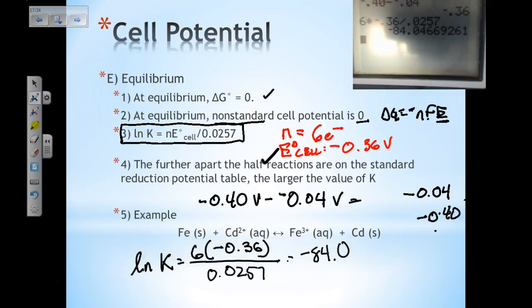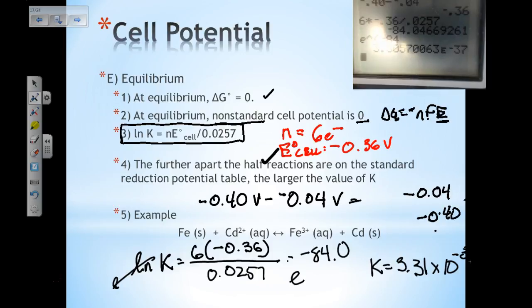Now we have to delog this. That's the ln K, so we do e to the negative 84, and we get an answer that K equals 3.31 times 10 to the minus 37.